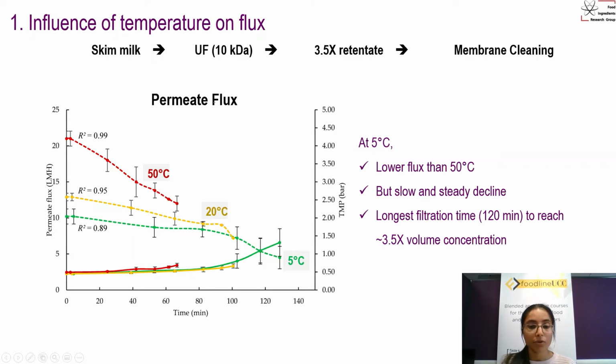It took about 120 minutes to reach 3.5x volume concentration when operated at 5 degrees centigrade, which is almost double the duration that it took for 50 degrees centigrade. So clearly in terms of flux, warm temperature offers better performance, but only initially, which then declined very rapidly.